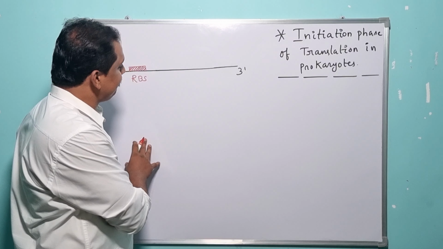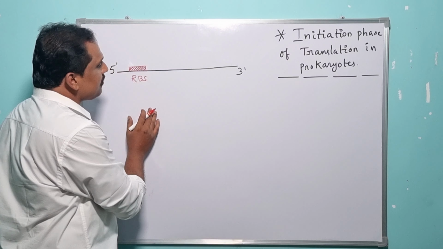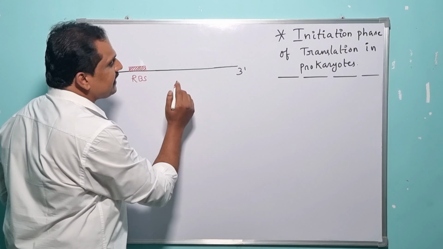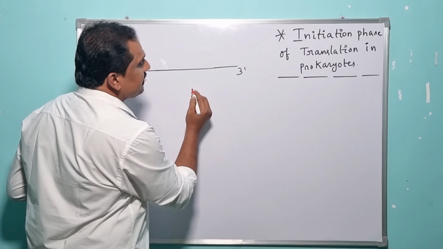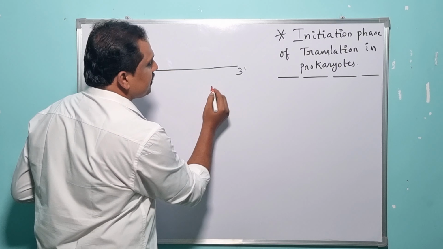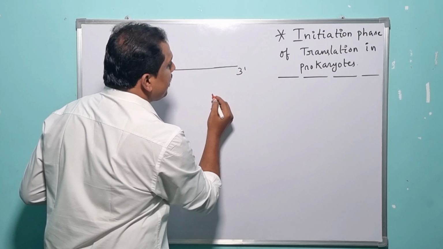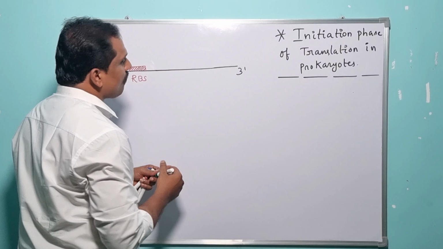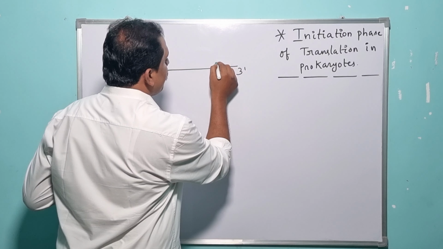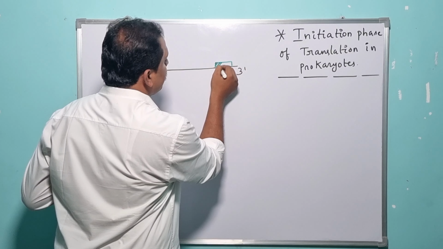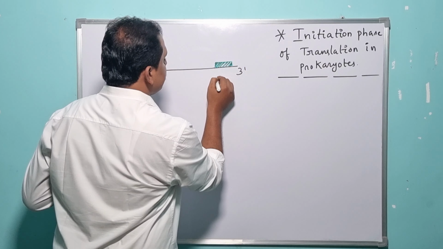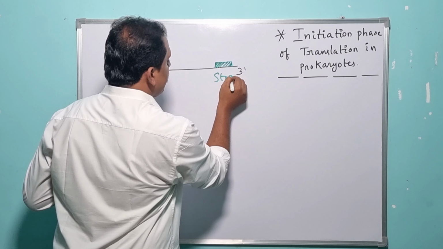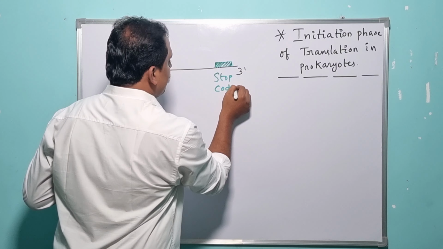In addition to the ribosomal binding site, there is a specialized stop codon or termination codon at the extreme 3' end of the mRNA. Let me write it here. Stop codon or termination codon.